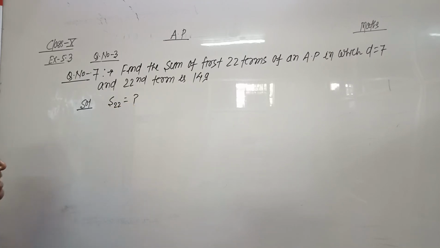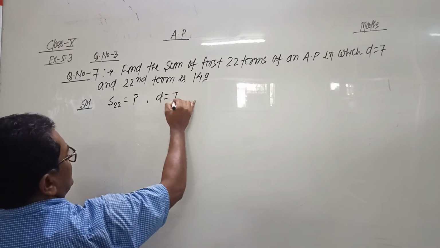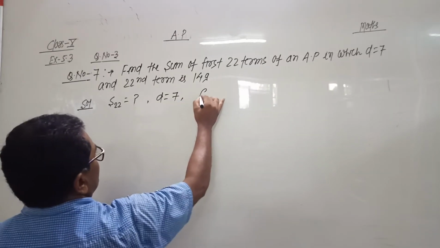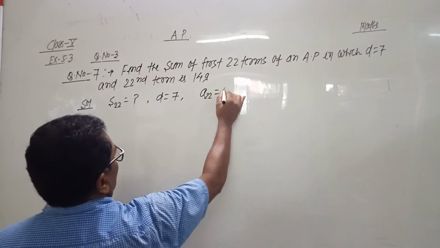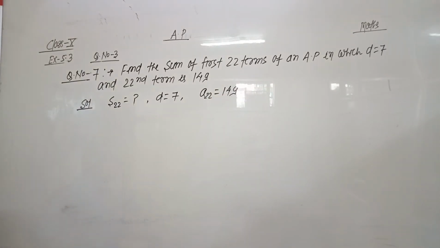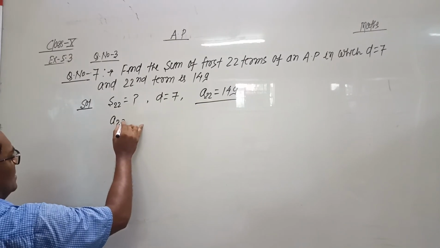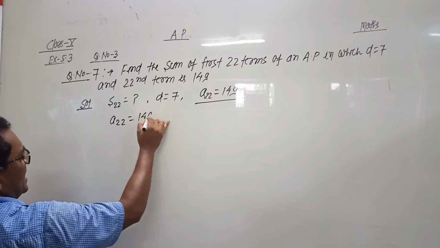S22 we have to calculate. d is given, d is 7, and the 22nd term a22 is 149.